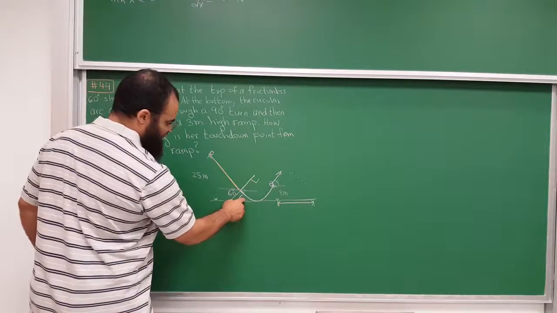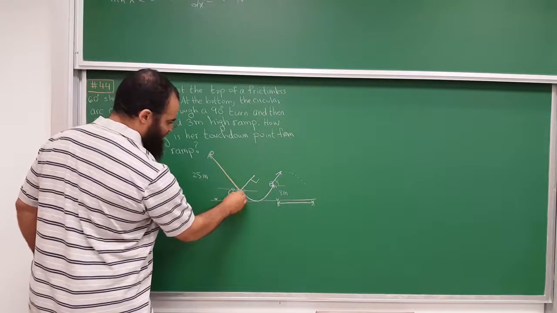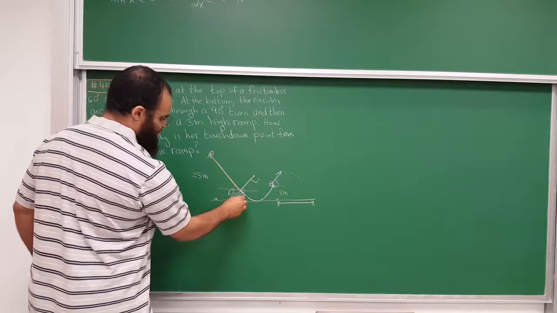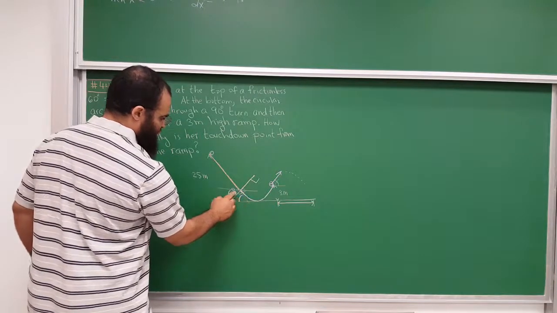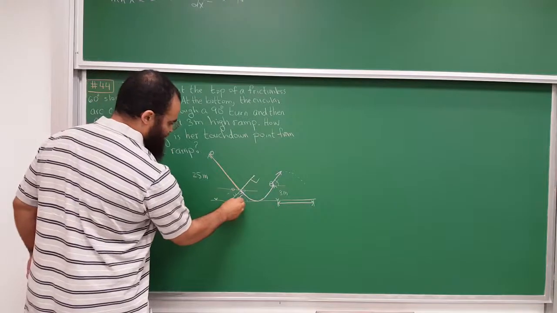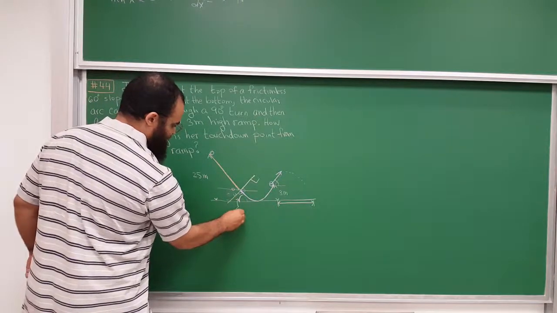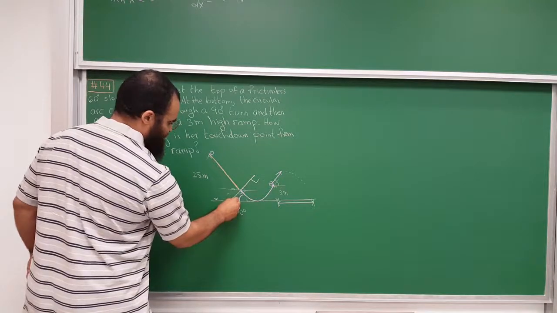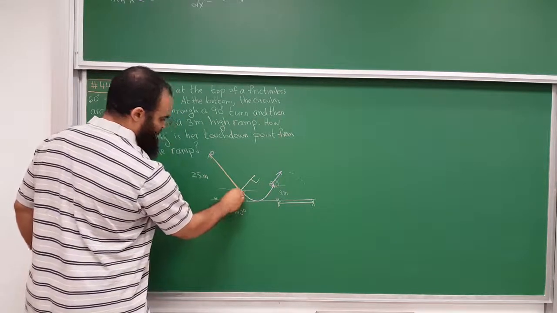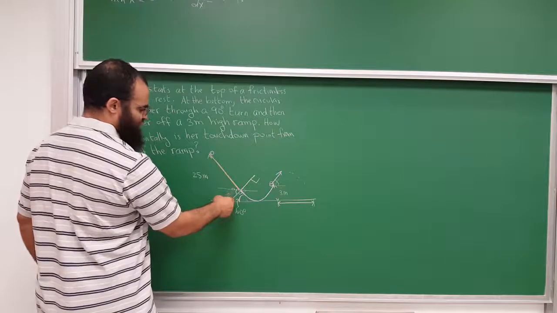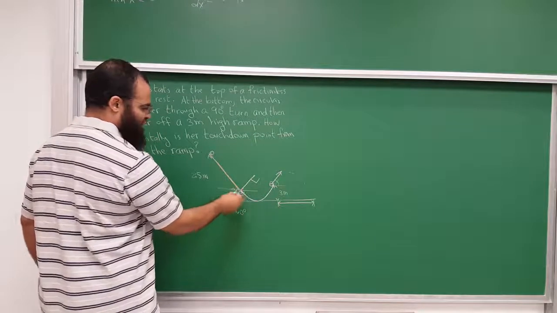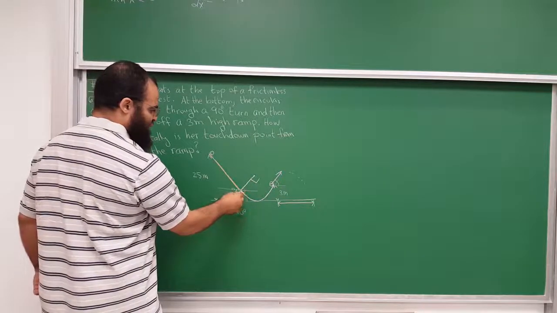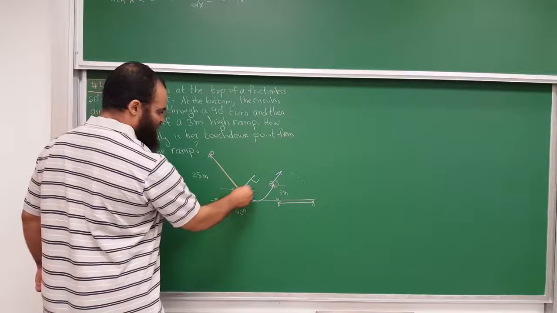So if this is 60, then this is 30, because this is 90. So this one is 60. That is 60 degrees. So this is 30. I think opposite interior angles or something. I forget what they're called for geometry. So this is 30 and this is 30.